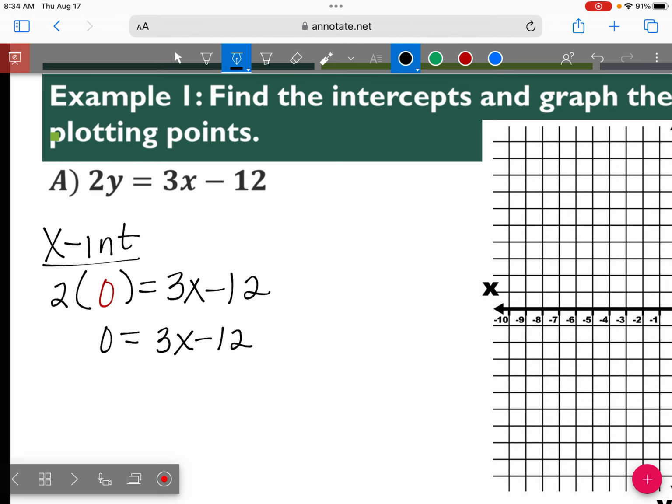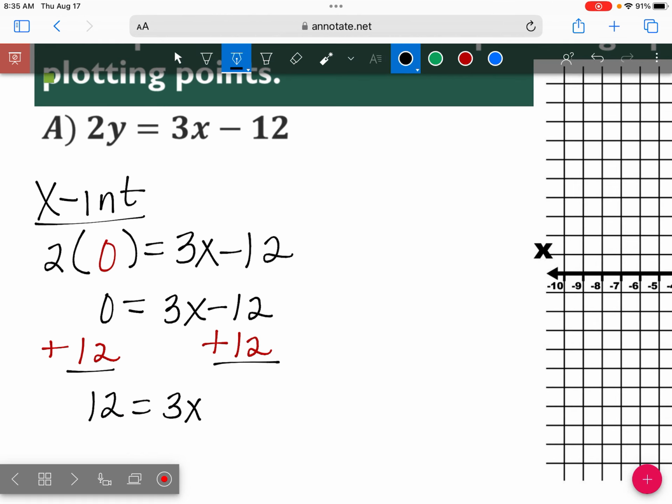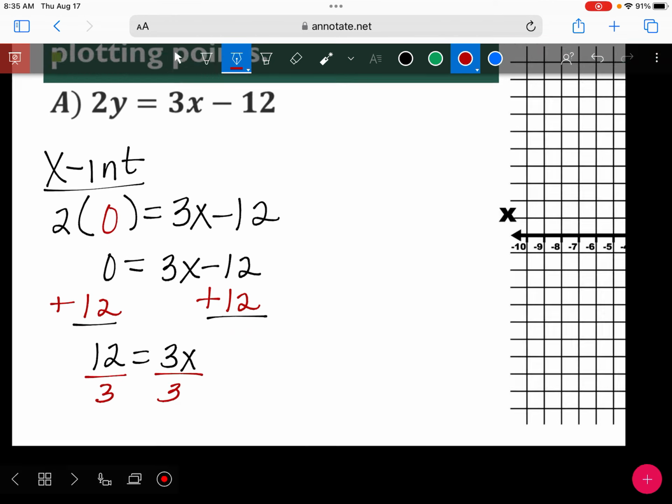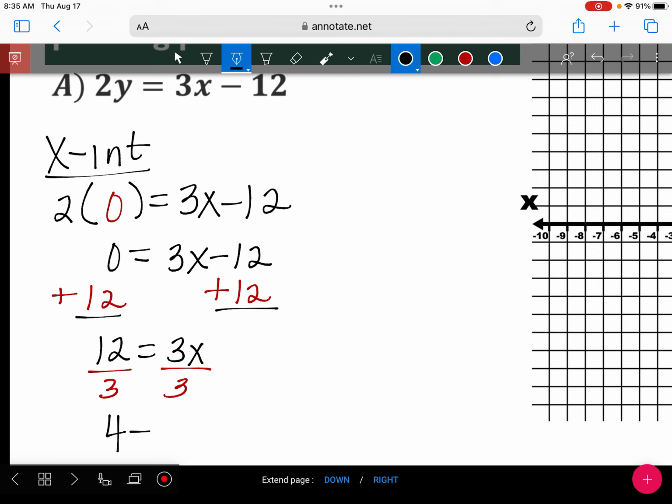Add the 12 to both sides. 12 equals 3x. And then divide by 3. And when you divide both sides by 3, you get that 4 equals x, which can also be written as an ordered pair of (4, 0).